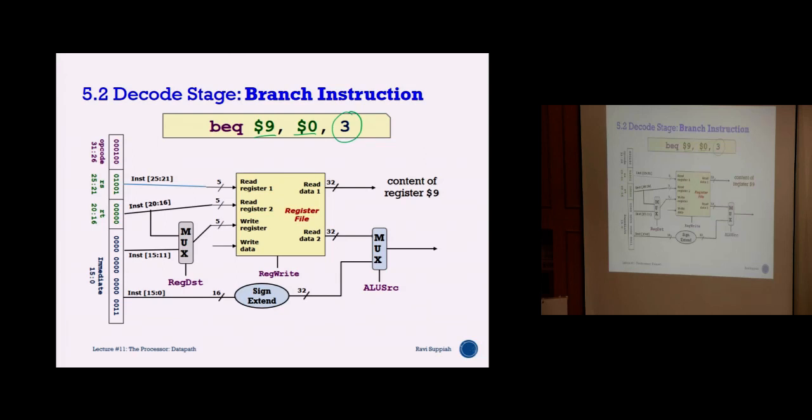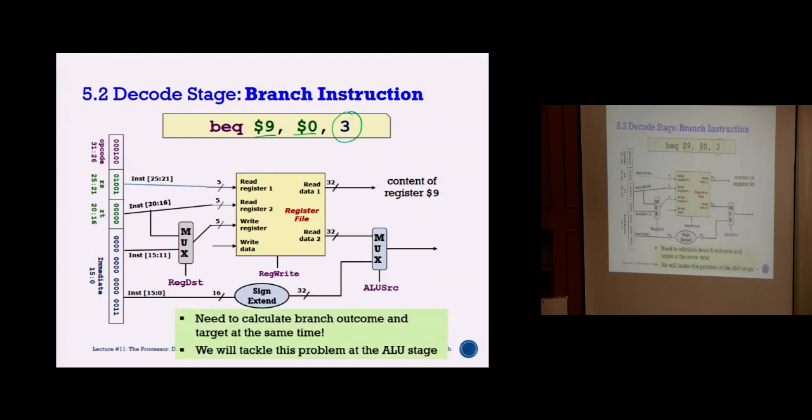But from what you saw earlier, the moment the value comes out of your program counter, it already increments by 4 by default. So now let's see what we need to do here. In this, we need to calculate the branch outcome and the target at the same time. So what is the branch outcome? Branch outcome means whether this is true or false, correct?